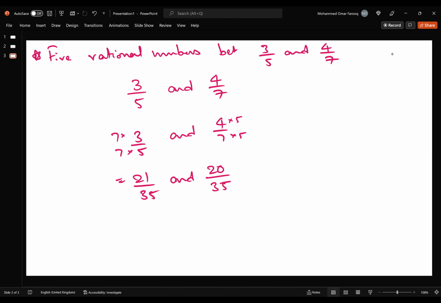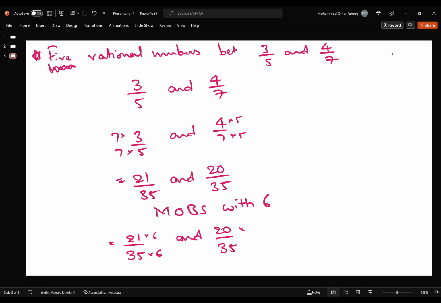So how many rational numbers do you need? 5. So multiply on both sides with 6. So 21 by 35 into 6 and 20 by 35 into 6.